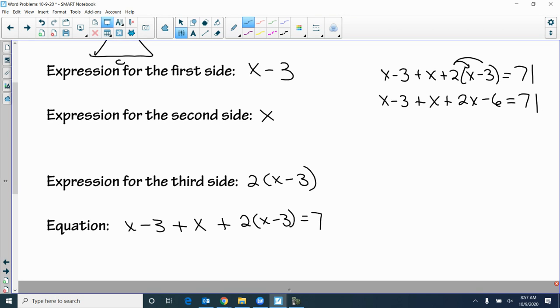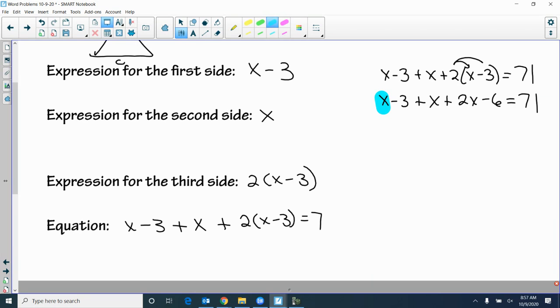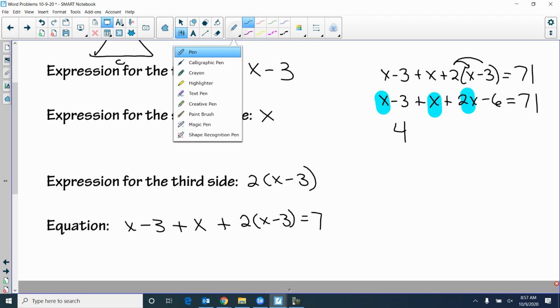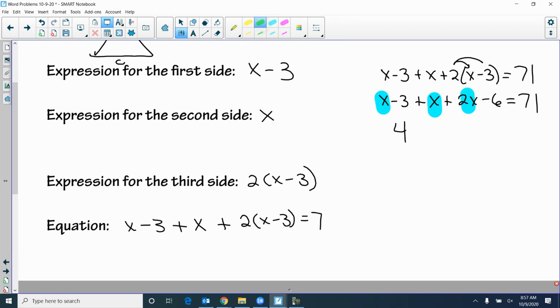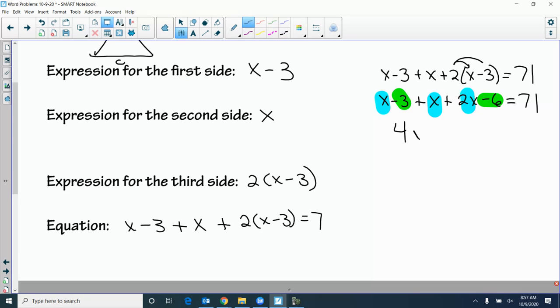Yeah, it'll be 4X because I got this X and the X minus 3, and I got a 2X. If I add those all together, I get 4X. I got a negative 3 and I got a negative 6. And that gives me what, negative 9? So 4X minus 9 equals 71.